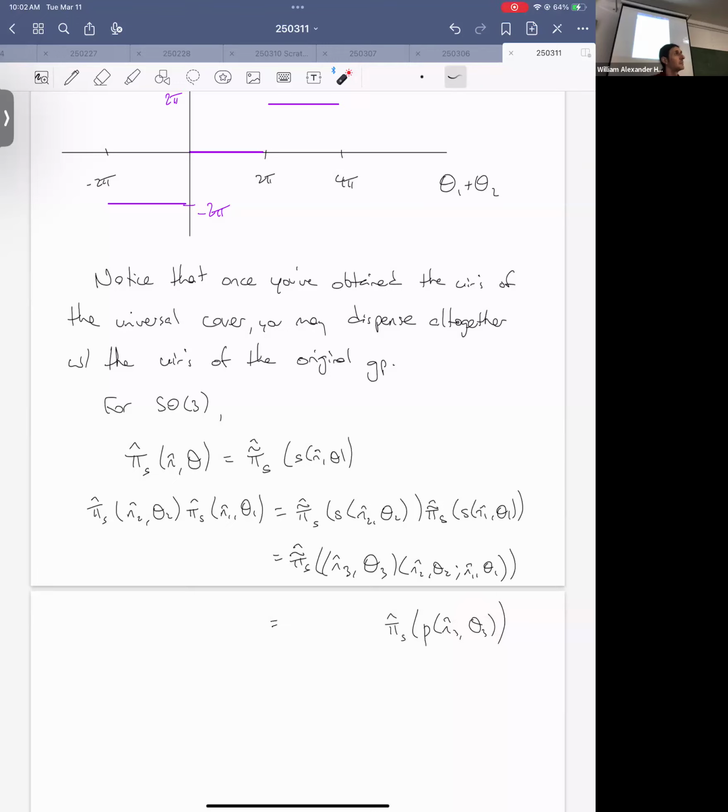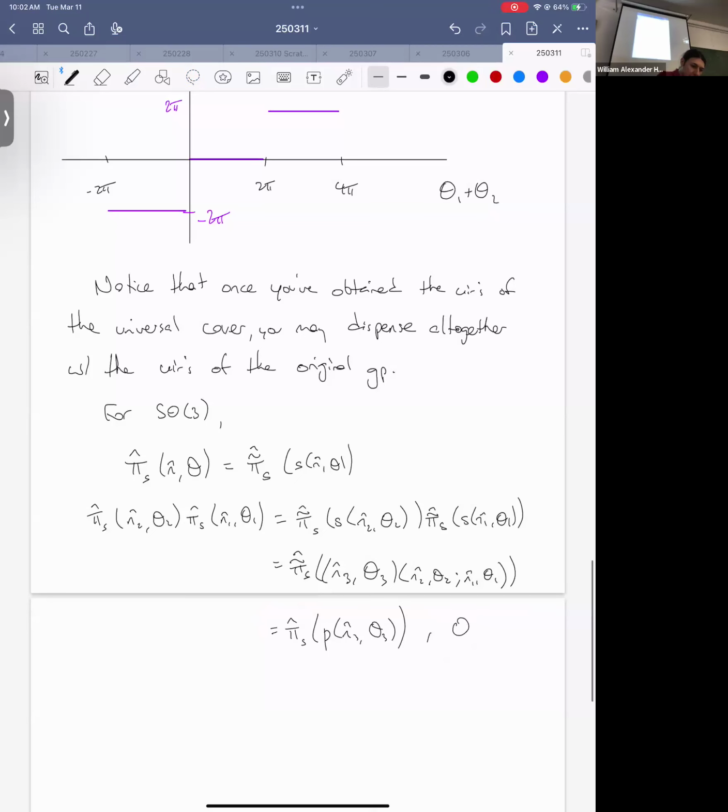Oh, wait, I think. Let me just finish the statement and then we'll come back. So I'll say it this way: if 0 is less than or equal to theta 3 less than pi, it's fine.